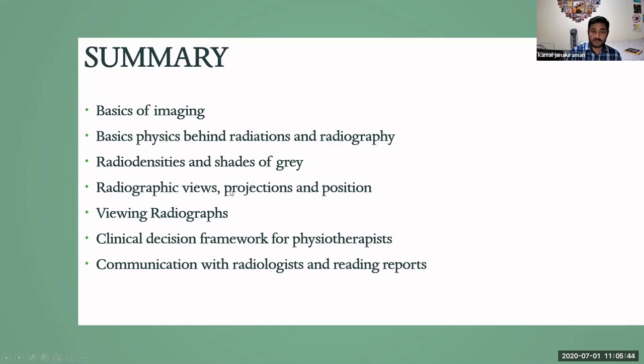What are the various radiographic views, projections, and positions, like AP, lateral, oblique views, and viewing a radiograph, how are you going to view the radiograph, and the clinical decision framework of the physiotherapist, how are you going to decide whether the patient needs imaging or not. That's called the clinical decision framework. And finally, communication with radiologists and reading reports. That's again an important thing, because the better your request, the better report you get.